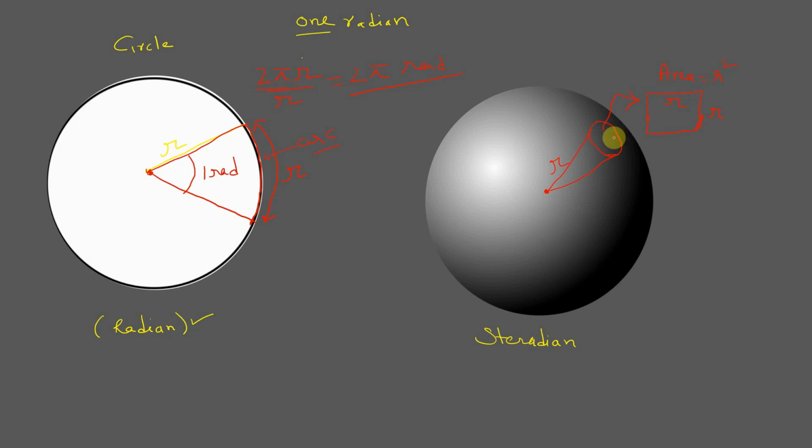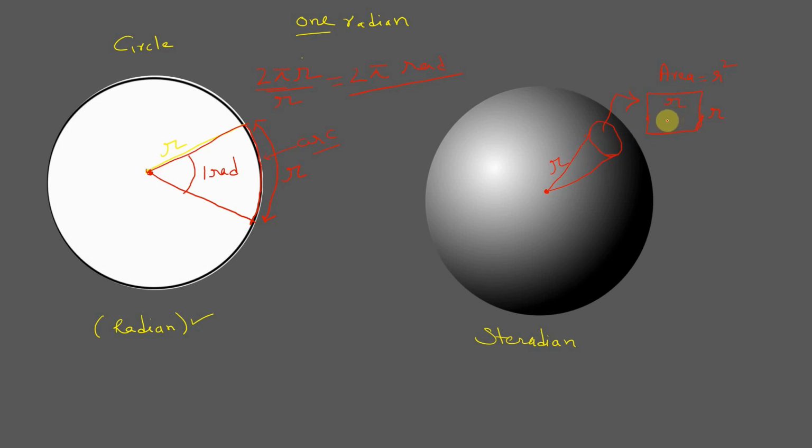Let us repeat it once again. One steradian is defined as the solid angle with its vertex at the center of a sphere of radius small r, that is subtended by a spherical surface area equal to that of a square with each side of length small r.